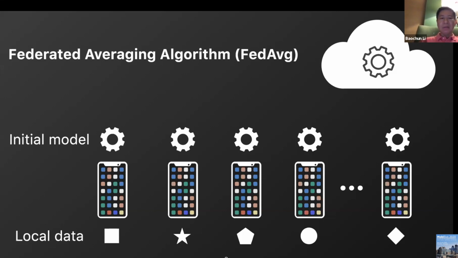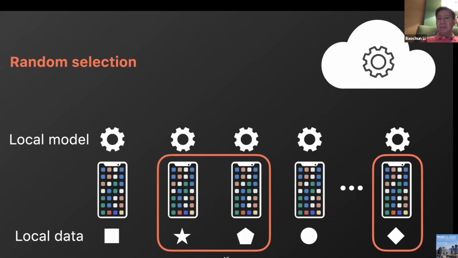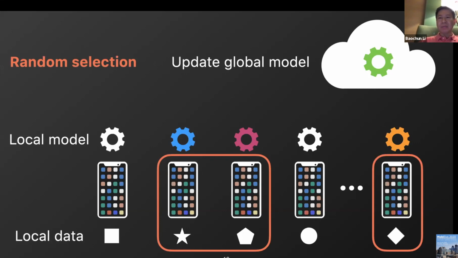After these initial models are fine-tuned, you have better gradients and better models, and you send these gradient updates, model parameters, to the cloud, and the cloud will update the global model using these parameters.